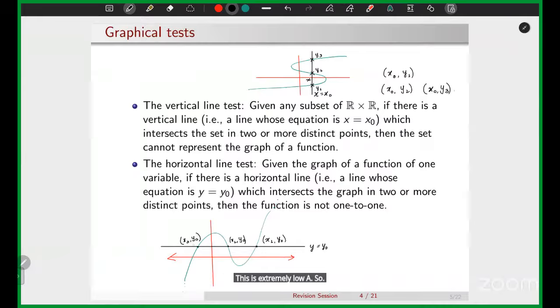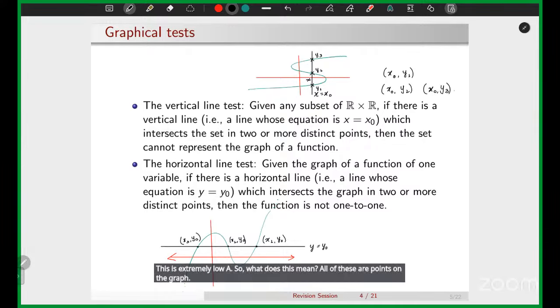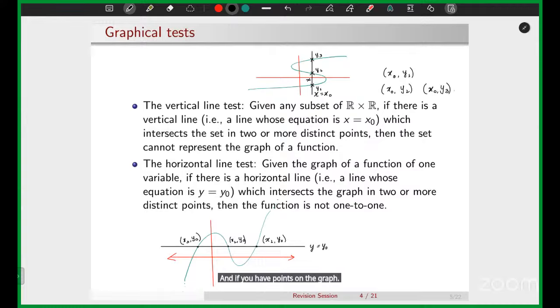So what does this mean? All of these are points on the graph. And if you have points on the graph, they're always of the form x, comma, f of x. So y0 is equal to f of x3, it is f of x2, it is f of x1. So you have x1, x2, x3, all of them going to the same point, y0.